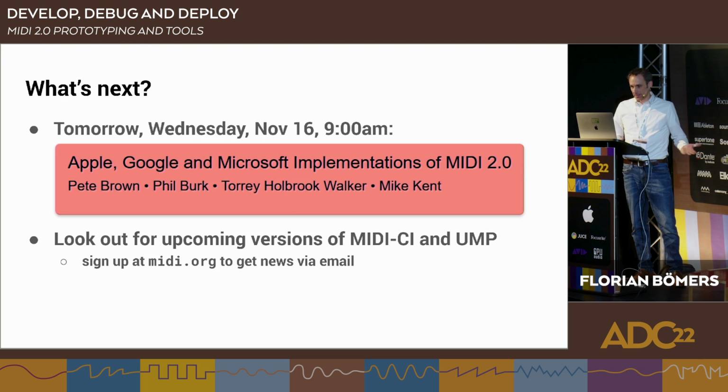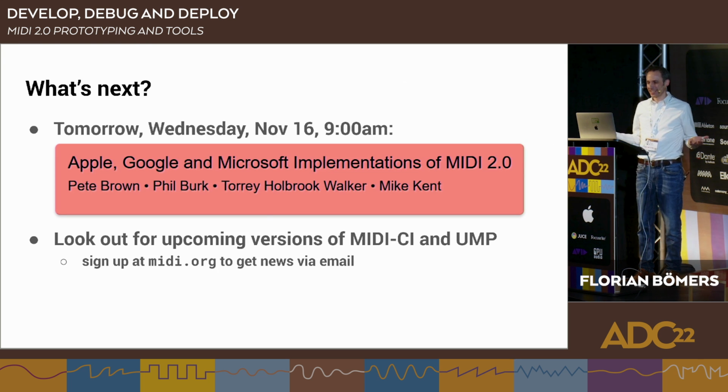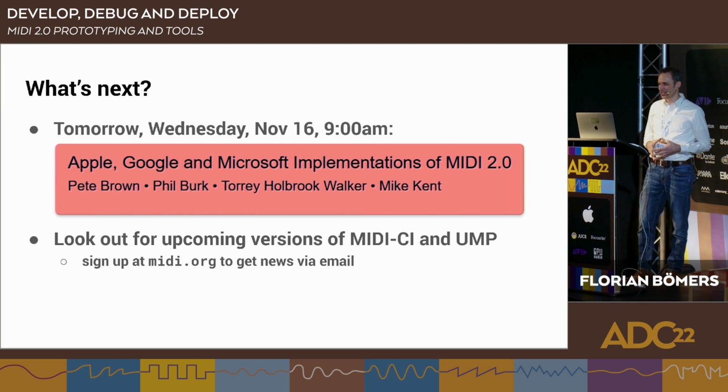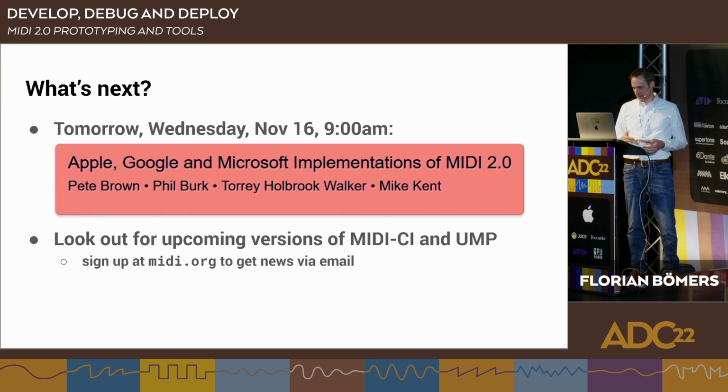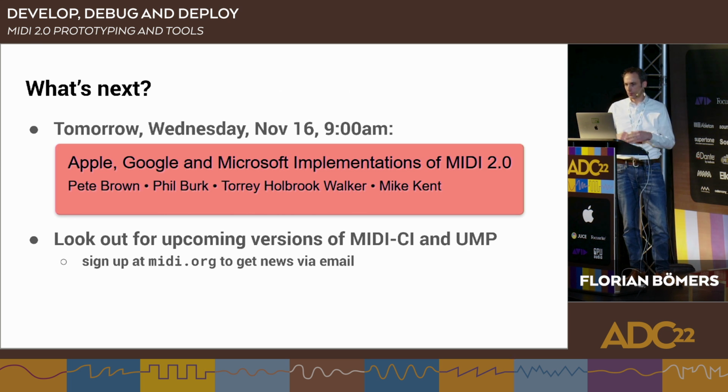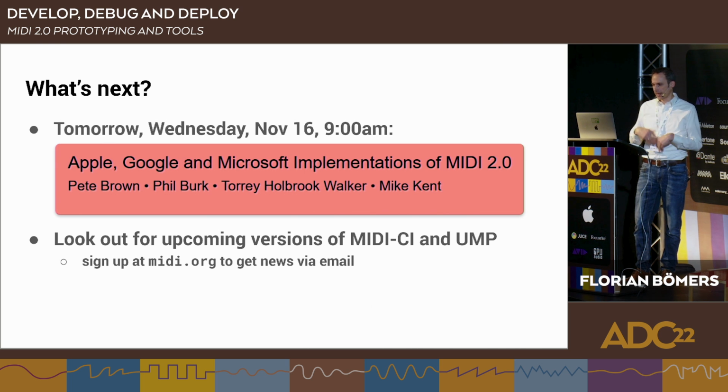So what's next? For the immediate future, tomorrow morning, as hinted, at 9 a.m., there's the talk about operating system support by actual representatives of those three major operating systems.